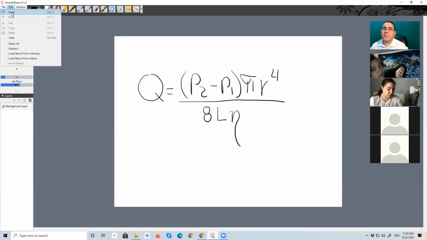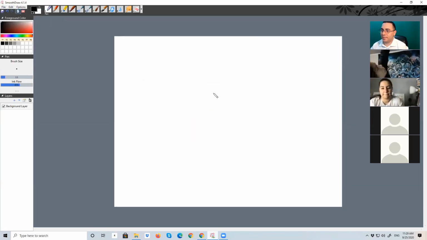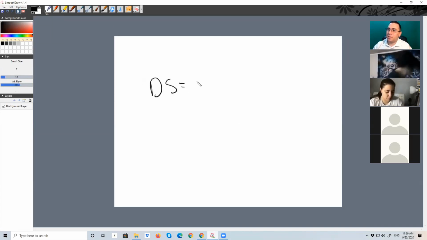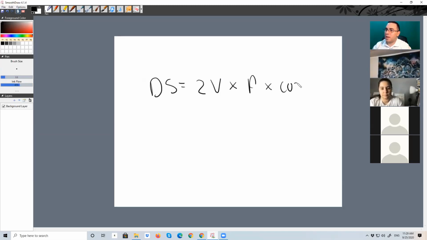I'm just going to give you the formula now. Doppler shift equals 2 times velocity of the flow times frequency times cosine of the angle of incidence over the propagation speed of the sound through the blood.